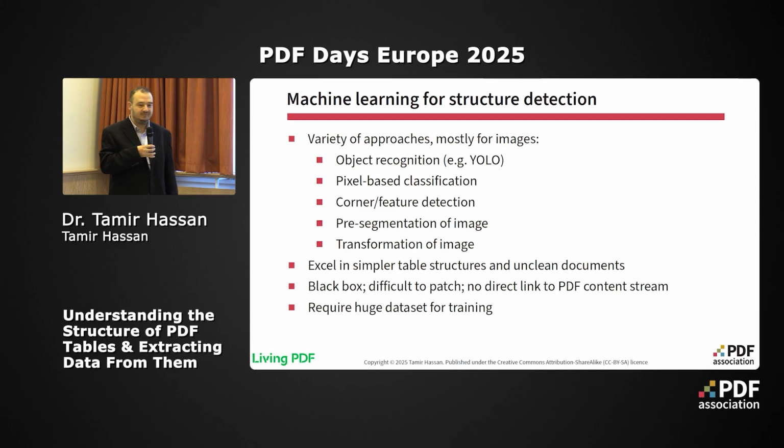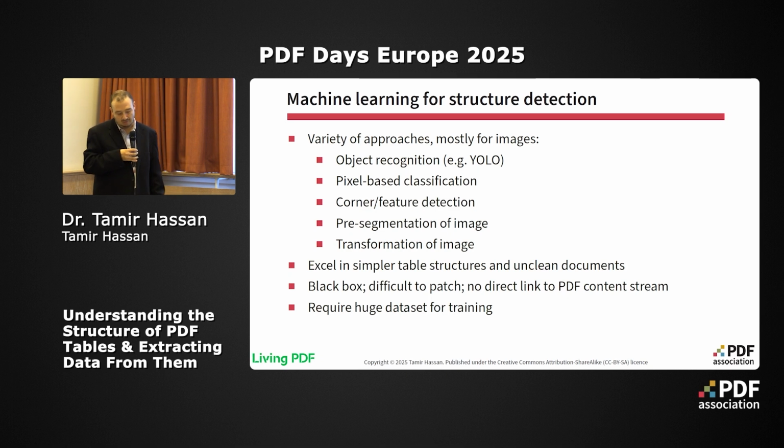Many of the models that have been developed have been trained on photographs of document images with uneven illumination, but they've been quite good at at least detecting where tables are. However, they are somewhat limited in detecting the more fine structure on tables.